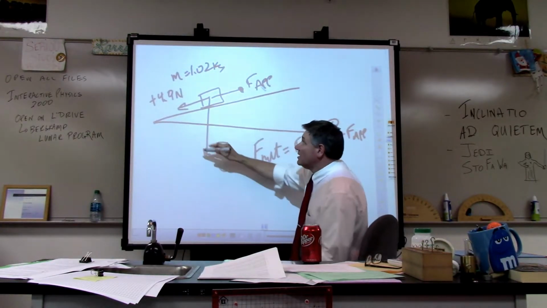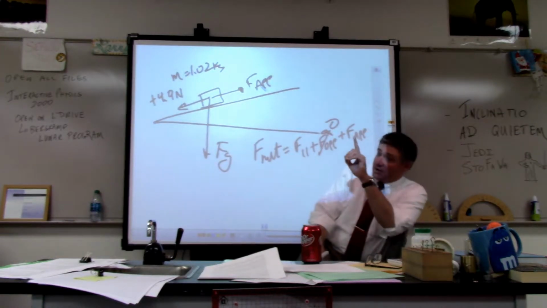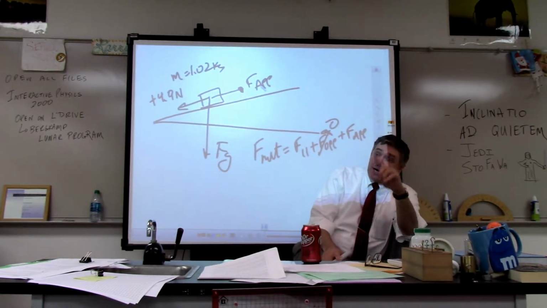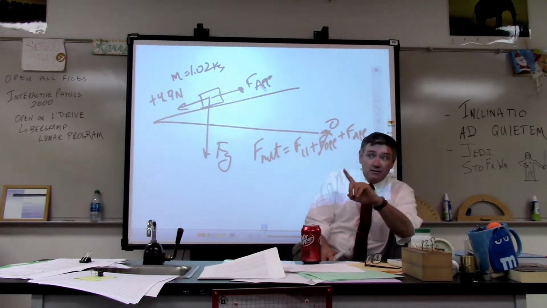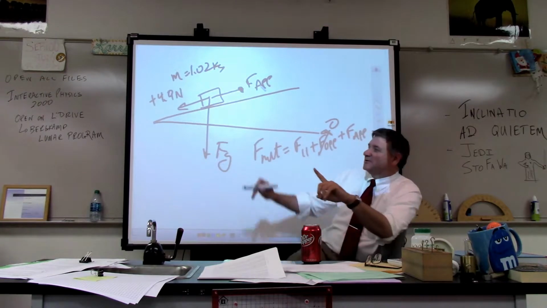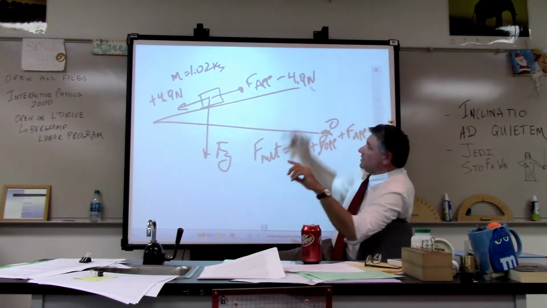So if you're going to stick with Lewis' system, and you're going to make down be 4.9, and that's positive, then my applied force has to be negative 4.9 newtons.